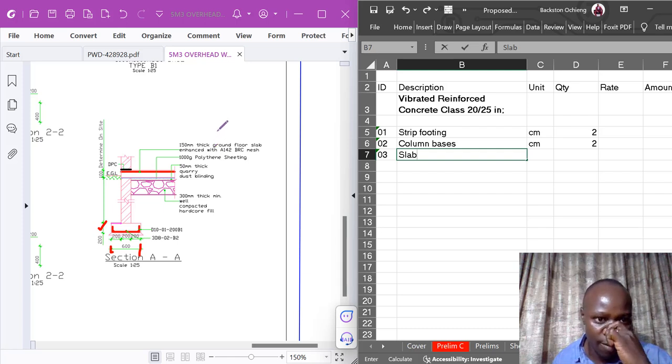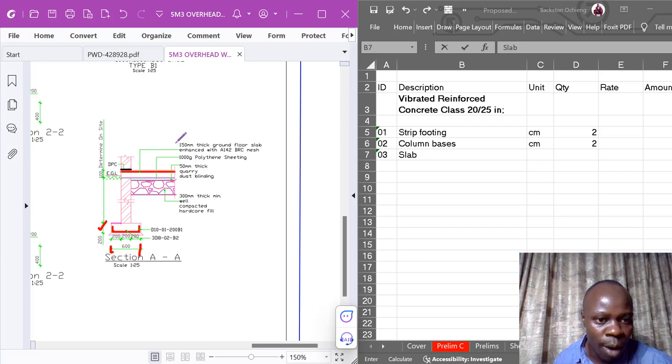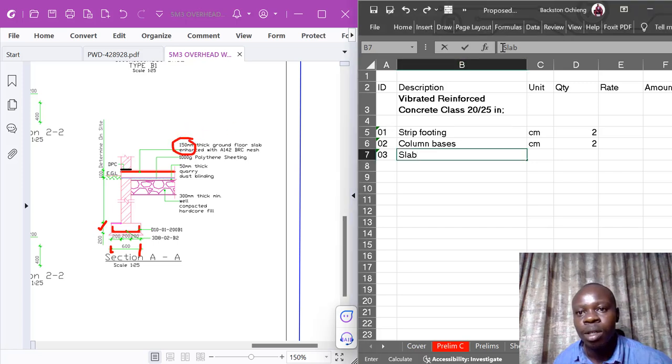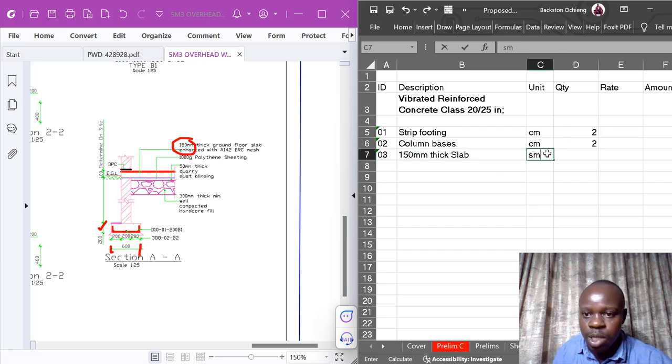We have a 150 millimeters thick ground floor slab enhanced with BRC, that is, reinforcement to it. But of most importance to us today is the thickness. So this is a 150 millimeters thick slab. And this one is measured in square meters.